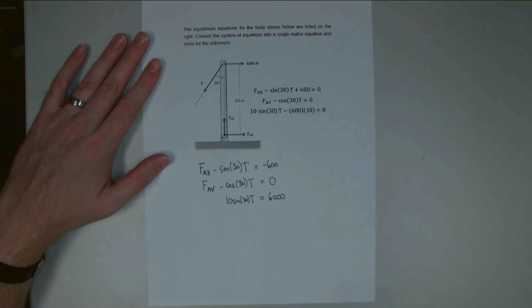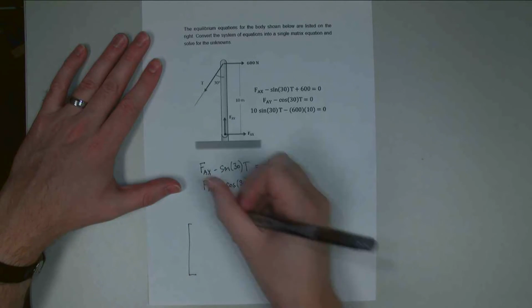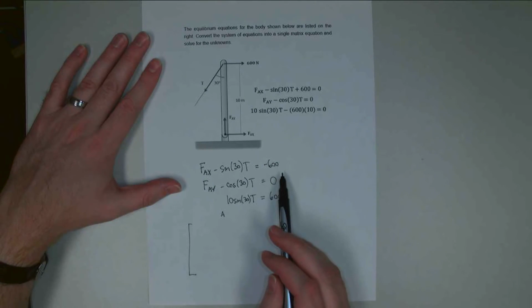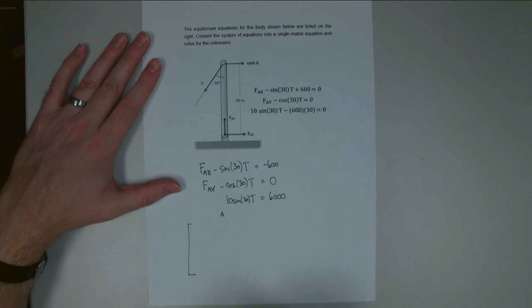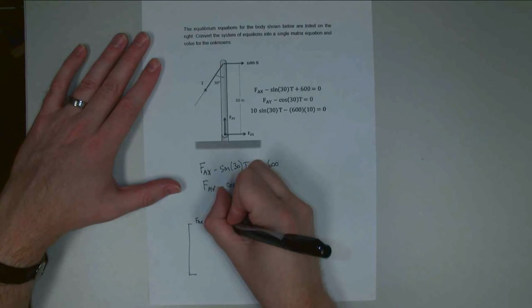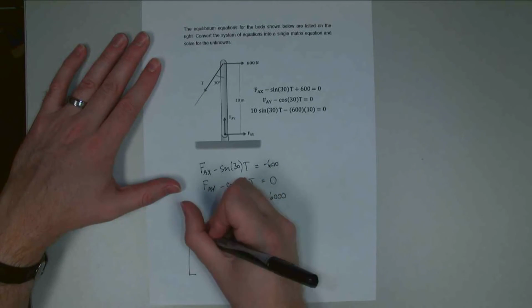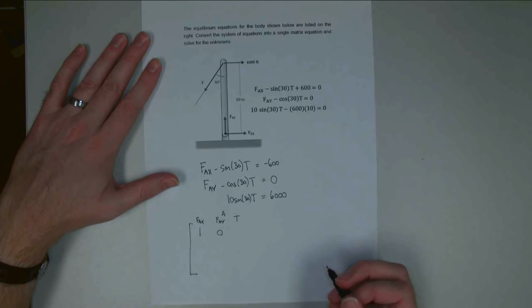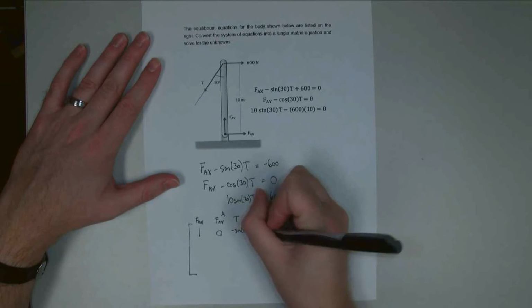Now I'm going to write them as a matrix equation. And so I have the coefficient matrix right here. This is what I'm going to be calling A. Each line is going to be the first row, second row, third row, and then each column represents a variable. So FAX will be in the first column, FAY will be in the second, and then tension is going to be in the third. And so for this first equation, I've got 1 times FAX, I've got 0 times FAY, and I'm going to have negative sine of 30 times tension.